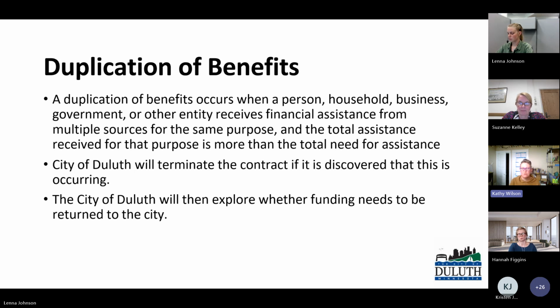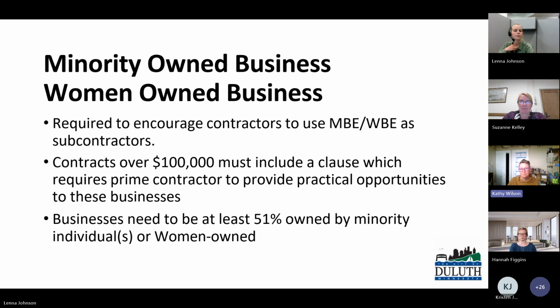So just making sure that you explain very clearly in the application what precautions, what policies you have in place to make sure that there are not going to be duplication of benefits? Because HUD is really serious about this, and they do not want it to happen. So just make sure you're explaining that well in your application and that you've got good procedures in place to prevent that from happening. I will hand it back to Suzanne.